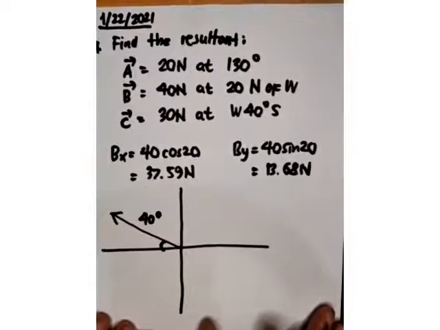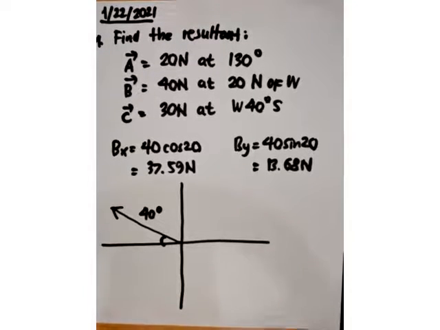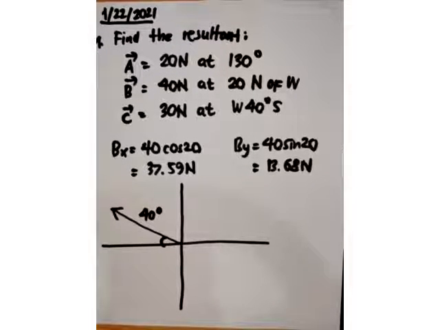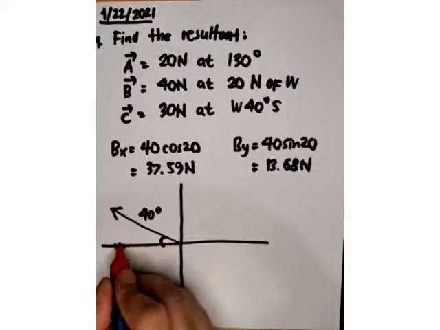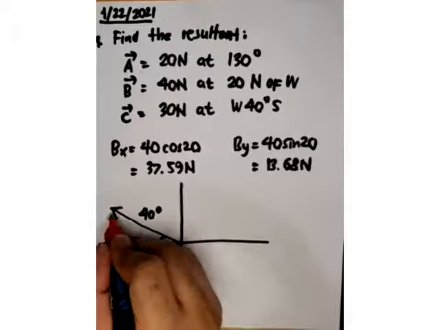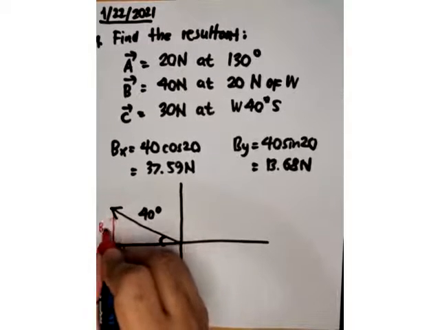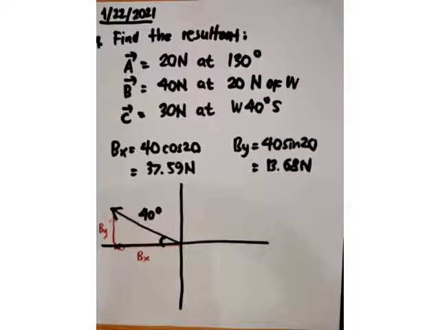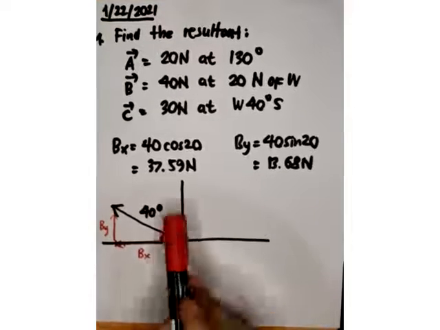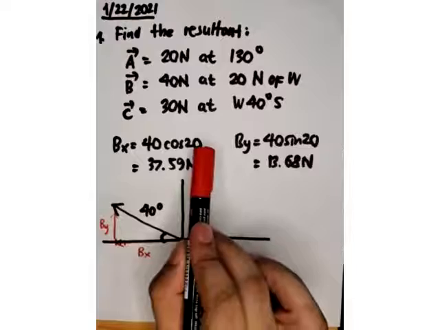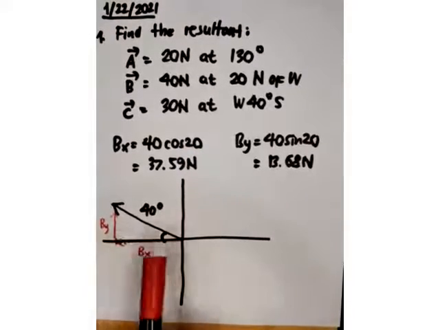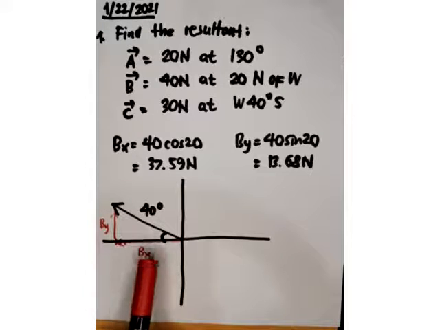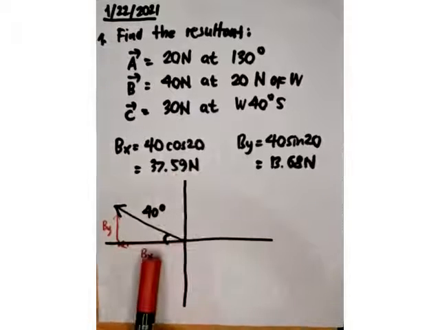Kung titignan natin, nandito ngayon yung B of X, tapos nandito yung B of Y. Para malaman niyo exactly, kung cosine yan, 20, dapat yung 20 degrees nakadikit siya sa x-axis, which is tama naman. Tama siya na 20 degrees yung gagamitin ninyo.